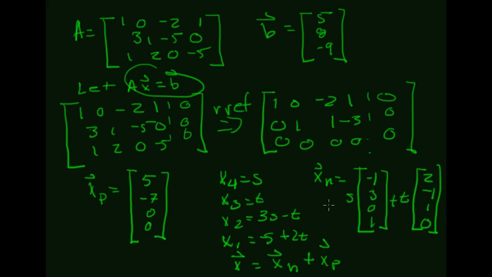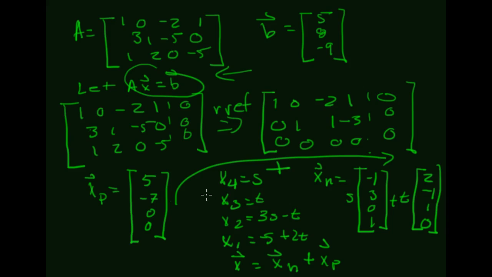And now I have the set of all possible solutions to the non-homogeneous equation. So I just take the homogeneous solution and I add this to the end of it. So it would be s times this plus t times this plus xp. So that gives me a quick way to find a set of solutions to the non-homogeneous system of equations.